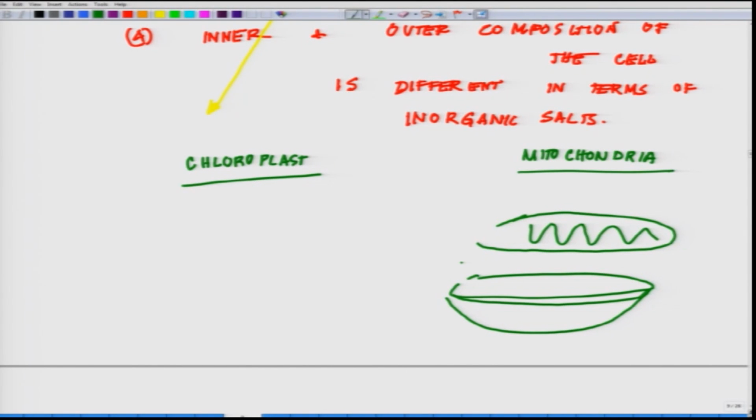This is a half cut structure of mitochondria, and this is the inner membrane in the red, whereas this blue line I am drawing now is showing you the outer membrane.